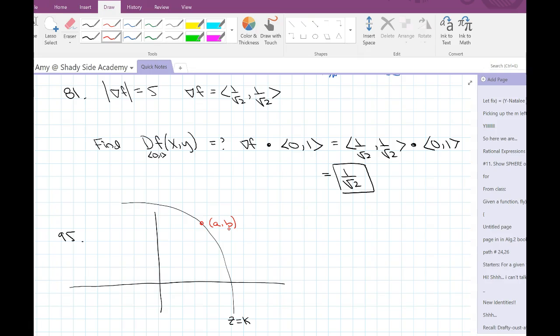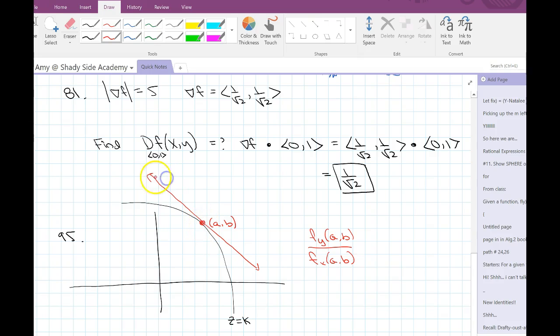Because there are cases where this situation could be true, but is it a must situation? The answer is no. Anyway, must the slope of this line equal f sub y at a comma b over f sub x at a comma b? The answer is no. This is a false statement, because here's why.